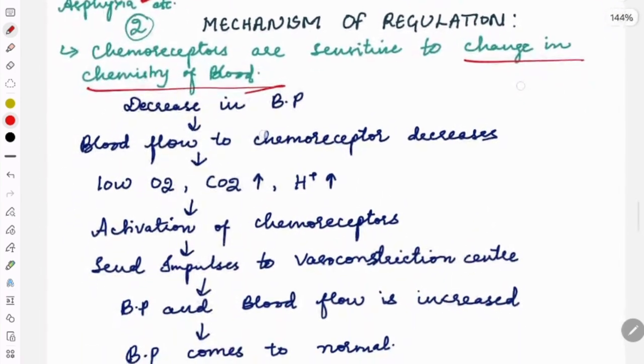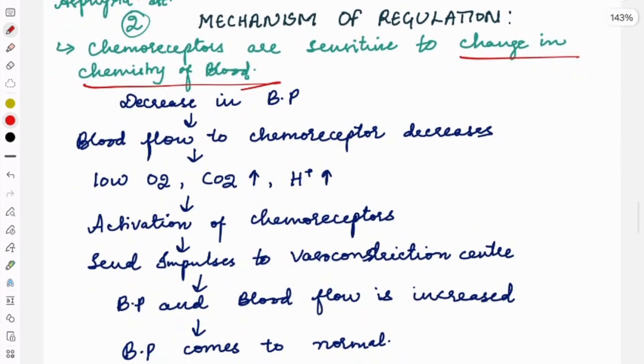Now let us understand the mechanism of regulation. As I've already said, these are sensitive to the change in the chemistry of the blood. So what do you mean by the change in chemistry? Whenever there is decreased blood pressure, there is decreased blood flow to the chemoreceptors.